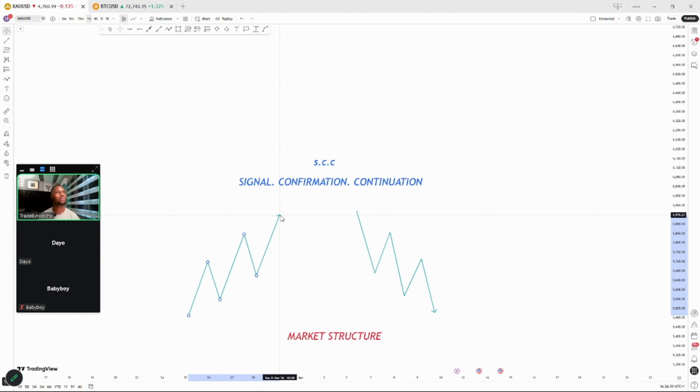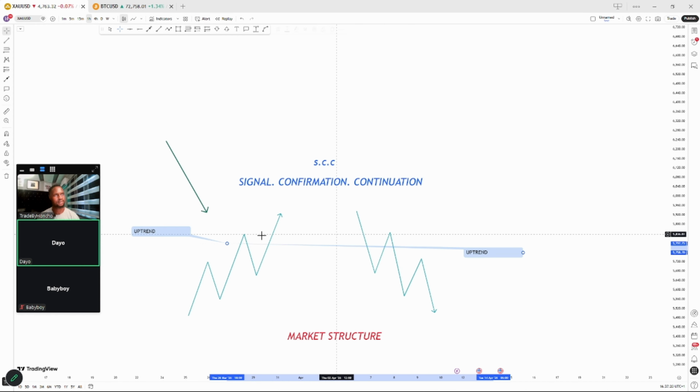So this one right here, we call it an uptrend, because the market is going up. Do you understand?